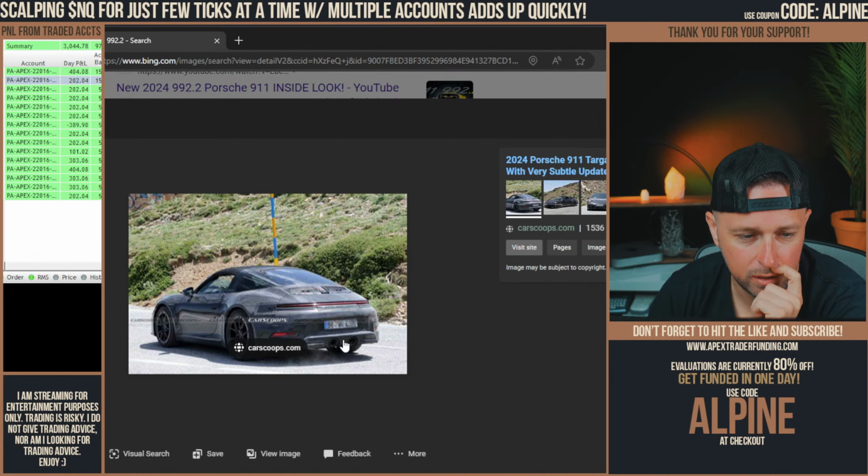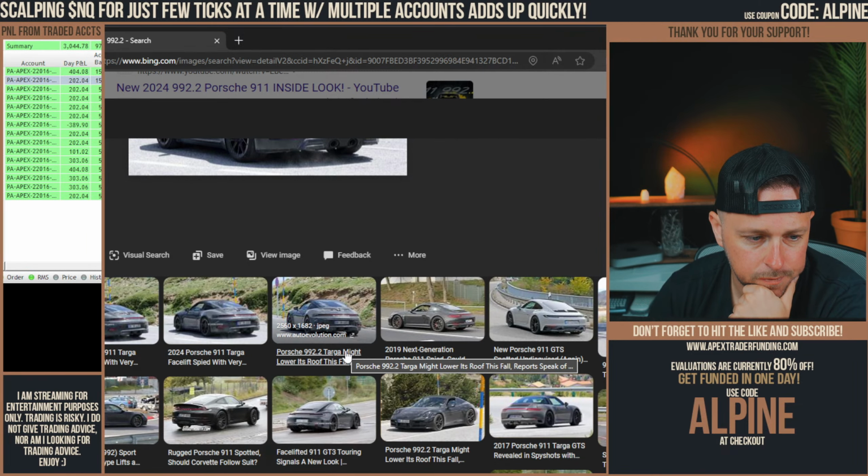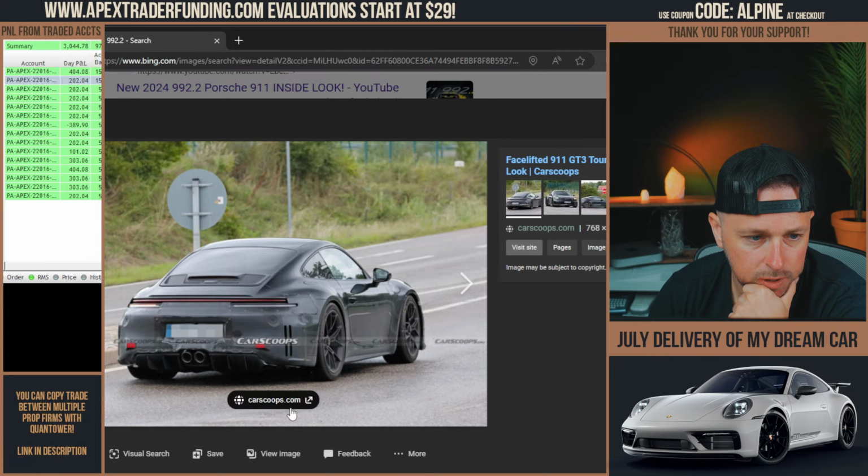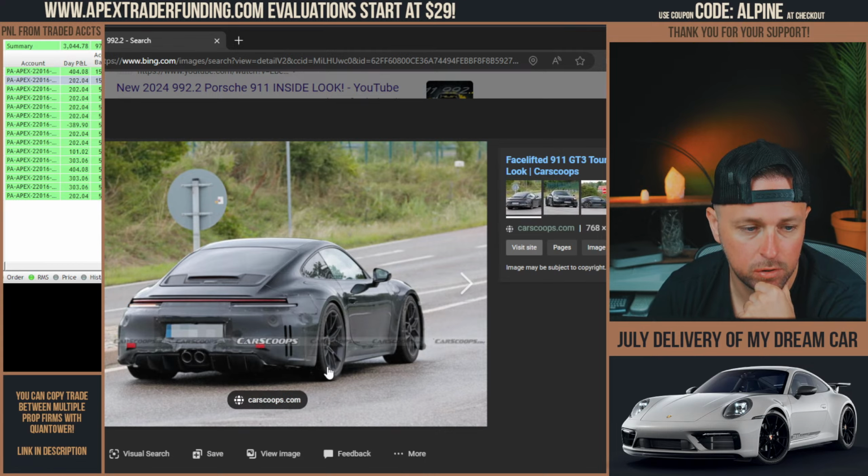Although it's still got space. Usually the pipes are together, so who knows? Like this. Well, that's a GT3, but you see how the pipes are together?